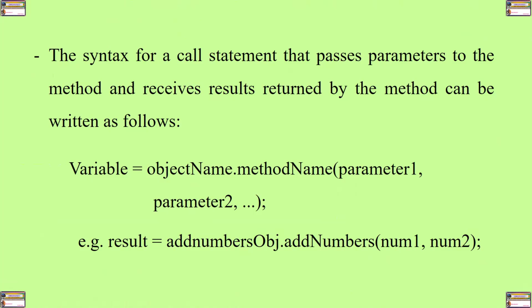Then dot. So you are able to access add numbers through that object. So we pass the parameters num1 and num2 to the method called add numbers. And once that method is executed, the value which will be returned will be stored or assigned in the variable called result.